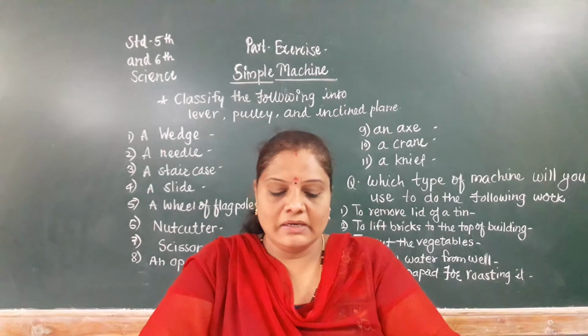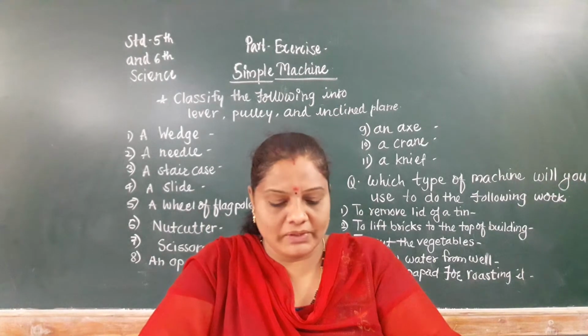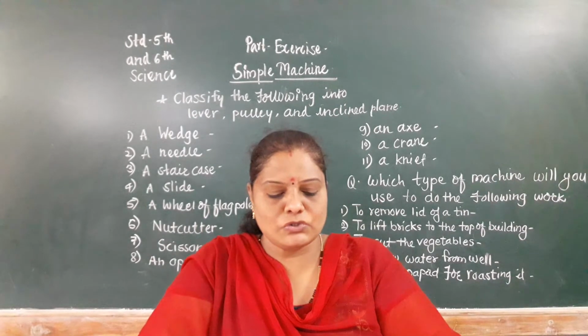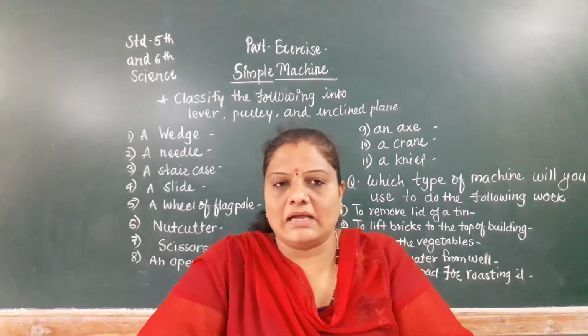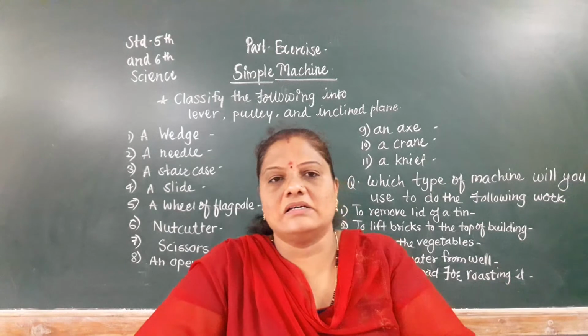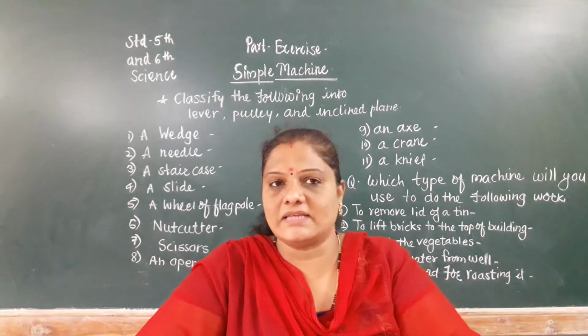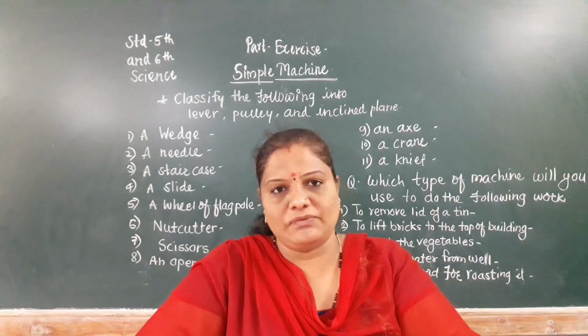For example, nut cutter, bottle opener, the wheel used to push a load, pulley, and wheel and axle, and inclined plane are examples of the simple machines that we had learnt.